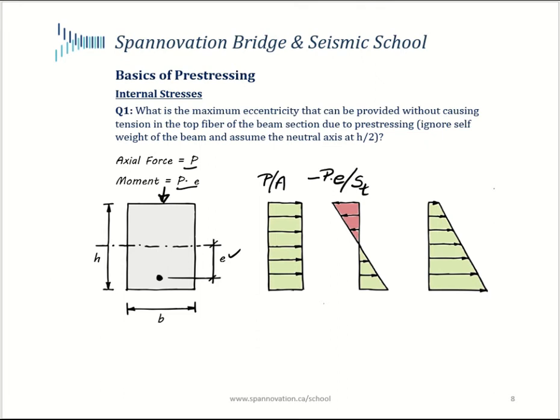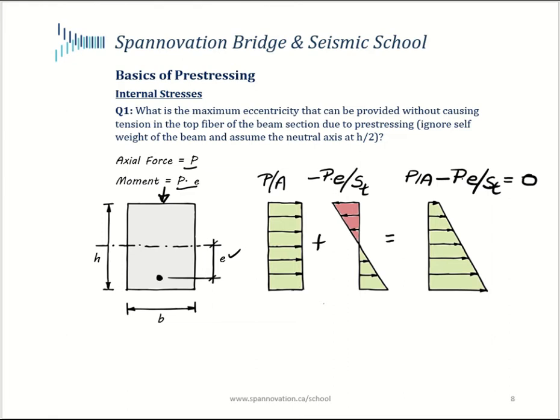Now, if I were to add these two, we should get the overall stress due to prestressing. And for the top fiber, that expression would be this. For us to ensure that the top fiber does not go into tension, the limit would be when this stress is equal to 0. So this is what we need to work with.